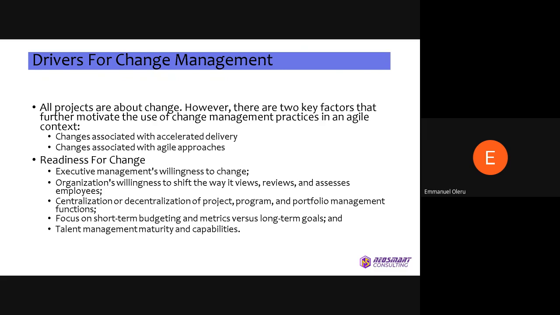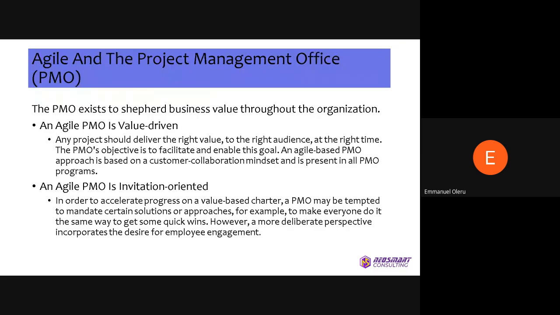Now, they will talk about talent management and maturity and all the different capabilities around that, in terms of readiness for change. Just like the initial, when we talk about the traditional method, Agile also has its own project management office, or the Agile relationship with the project management office.